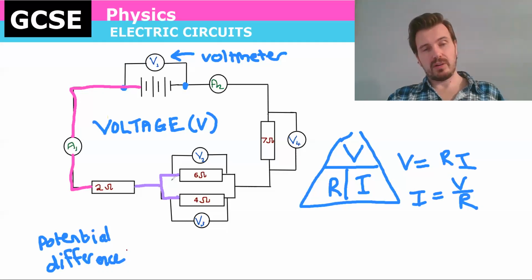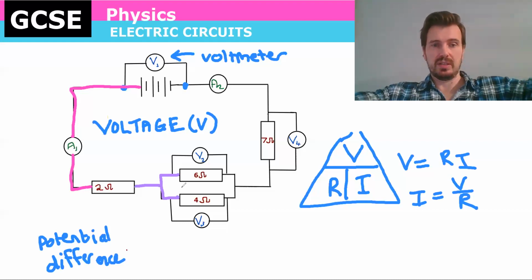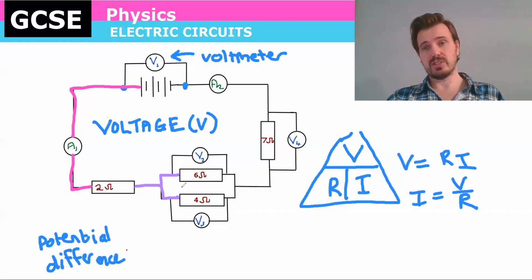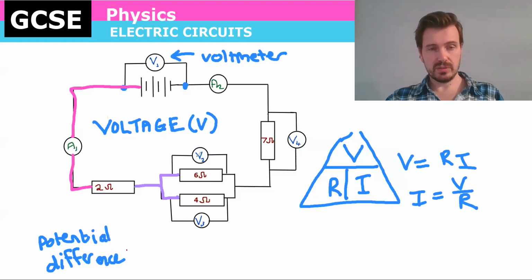It's now purple. Now, what happened to current when it hit these parallel resistors is it split into 2, like water. It's split into 2 directions. Voltage doesn't do that. Voltage is the same across parallel. So these 2 voltmeters that I've drawn here, V2 and V3, measure the same voltage.